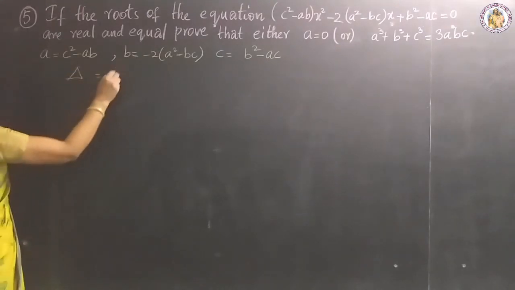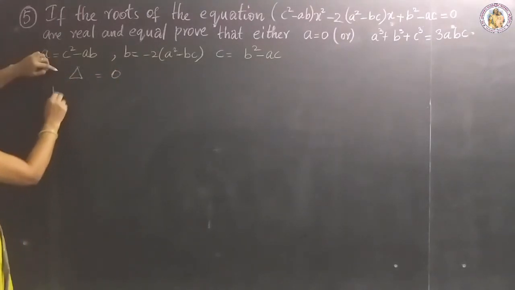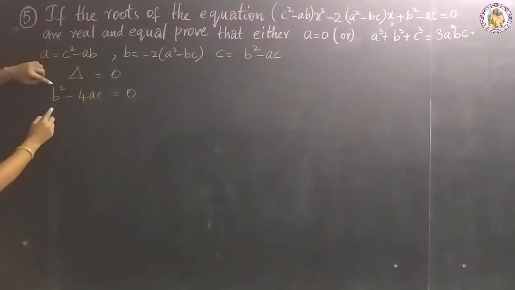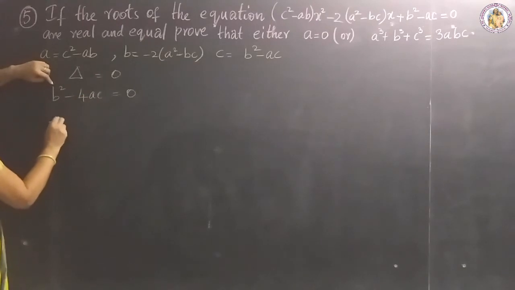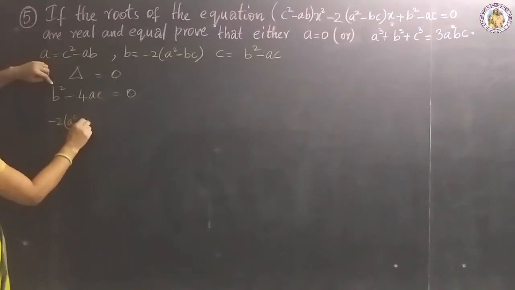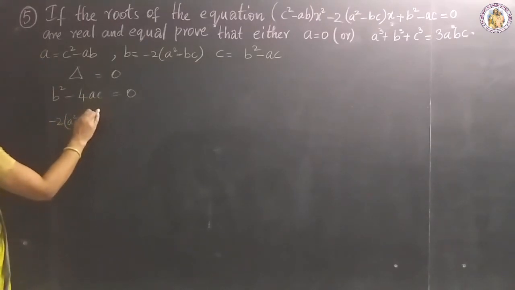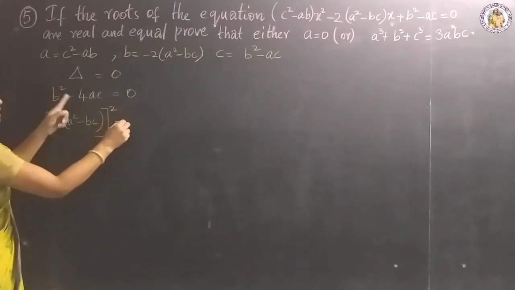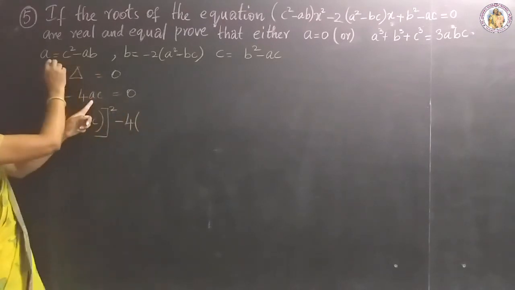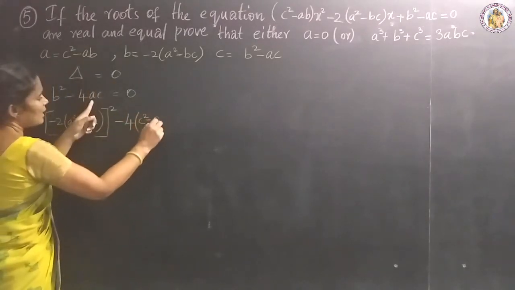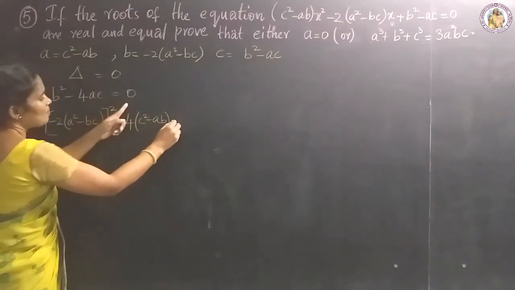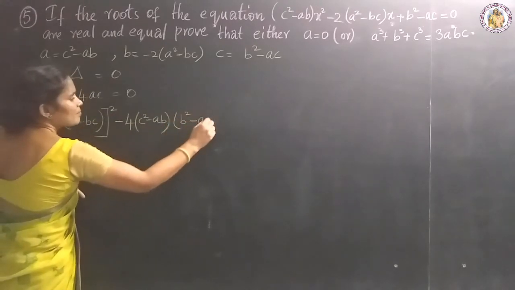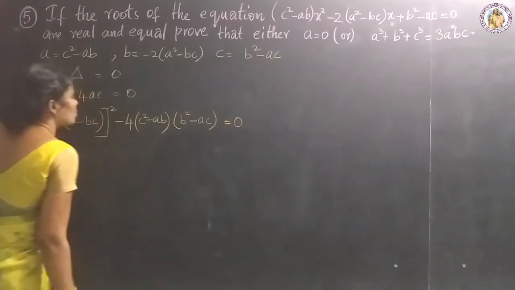The discriminant is equal to 0. Now b² − 4ac is equal to 0: [−2(a² − bc)]² − 4(c² − ab)(b² − ac) is equal to 0.